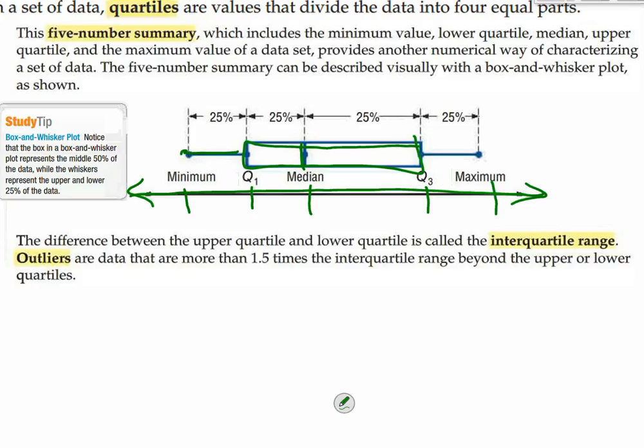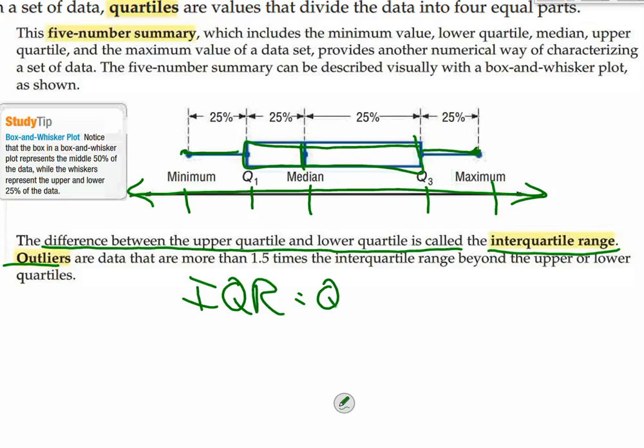It goes to the minimum and to the maximum, and the interquartile range is the difference between the upper and lower quartiles. The IQR is Q3 minus Q1, my bad. And outliers are more than 1.5 times the interquartile range beyond the upper or lower quartiles.